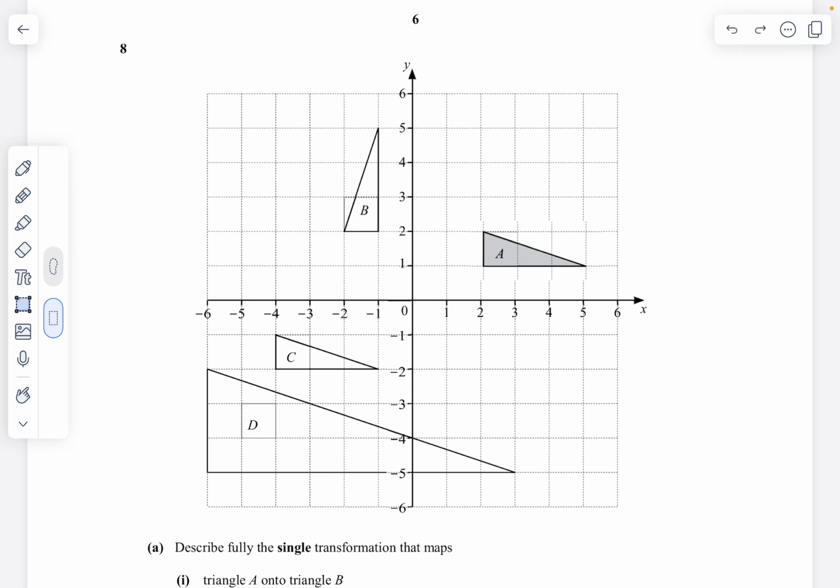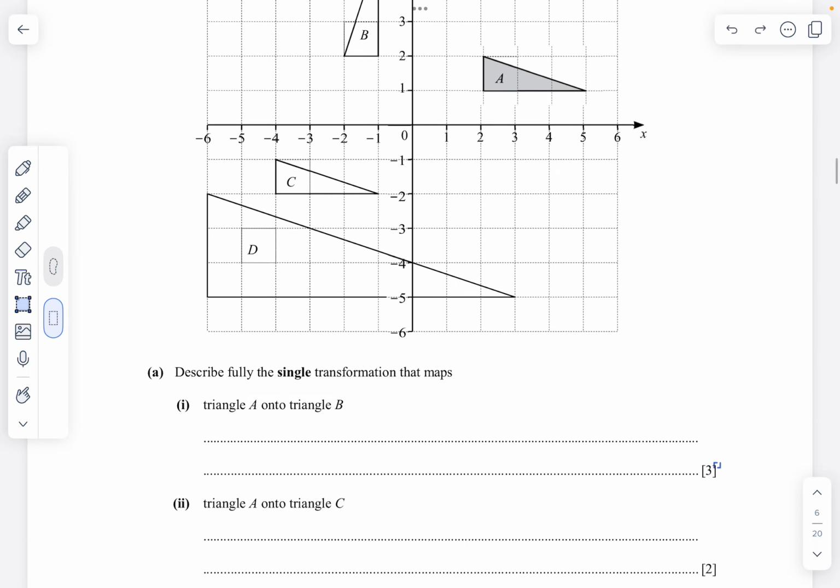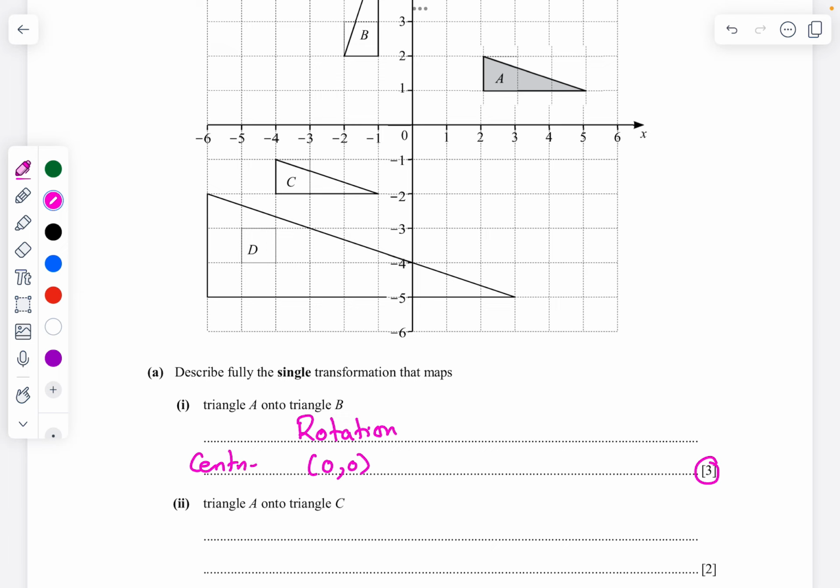How many marks is that question? 3 marks. So we need to write 3 points. The first mark is nothing but what? Rotation. And the second one is nothing but what? Center 0, 0. And the third point is nothing but what? 90 degrees anti-clockwise. That's going to be the answer.